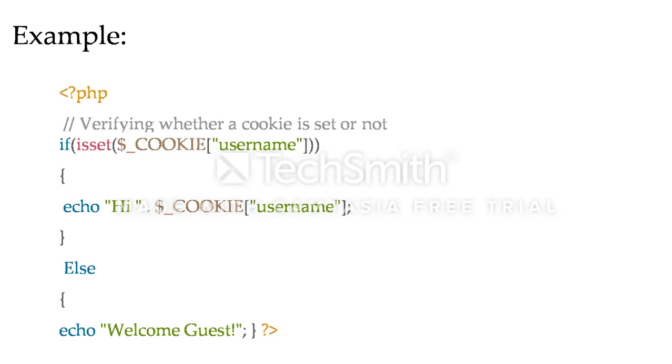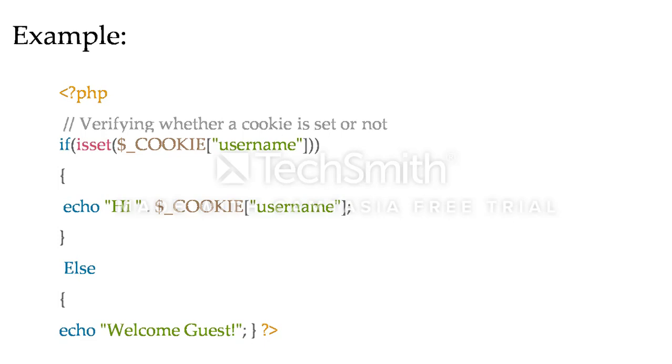Now we want to check whether the cookie is created or not. For this, you have to use the isset function. I will use the condition in if, and in the brackets the isset function with $_COOKIE, square bracket, and then the name of the cookie. Here we are using username as the name of the cookie.